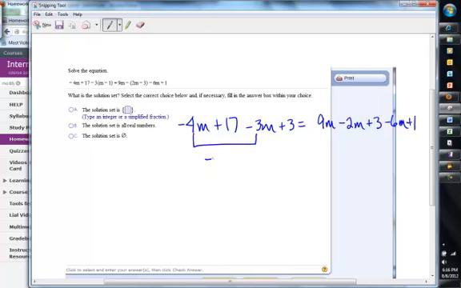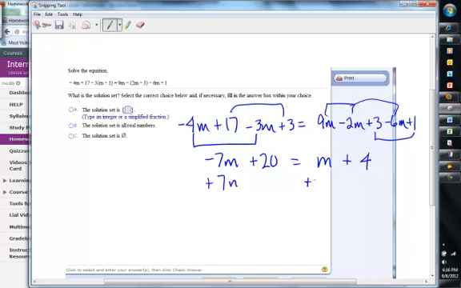Combine these, we get negative 7m. Combine these, plus 20. 9m minus 2m is 7m, minus 6m is m, plus 3 and 1 more makes 4. Add 7m to both sides, and subtract 4 from both sides.